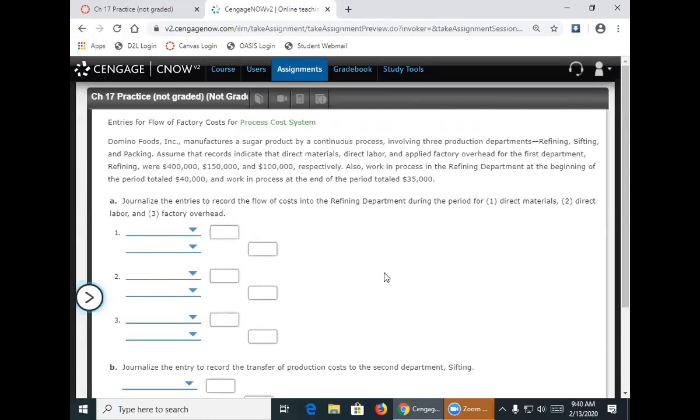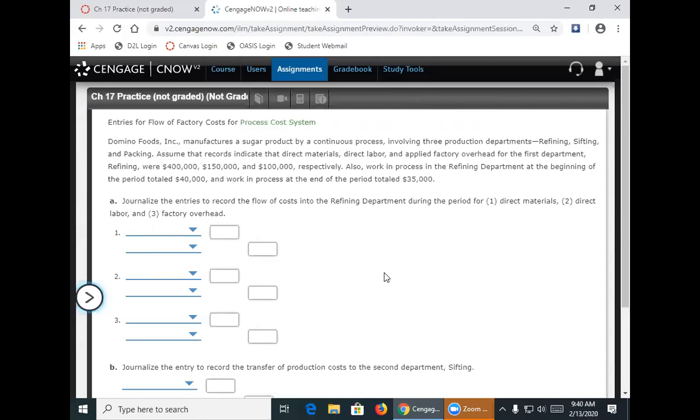So we had direct materials of 400,000, direct labor of 150,000, and factory overhead applied of 100,000. And then it even gives us our ending balance was 35,000. Okay, so this is for refining. This is our first work in process.